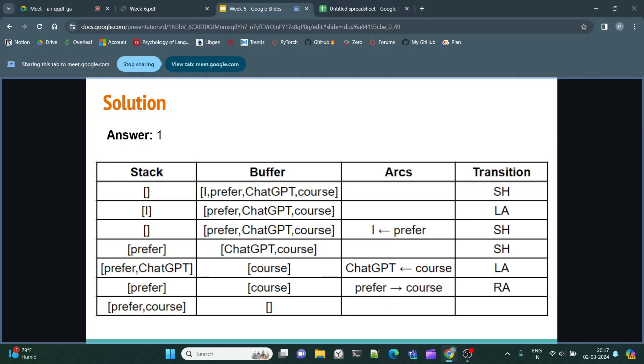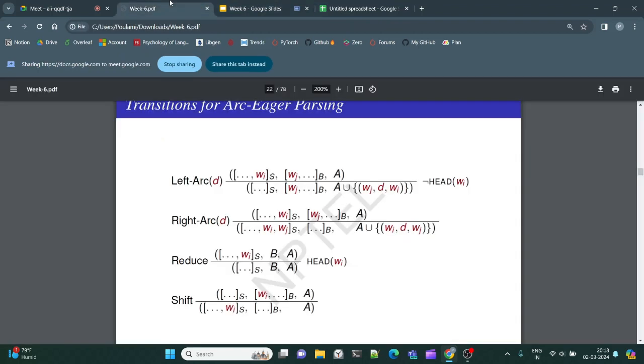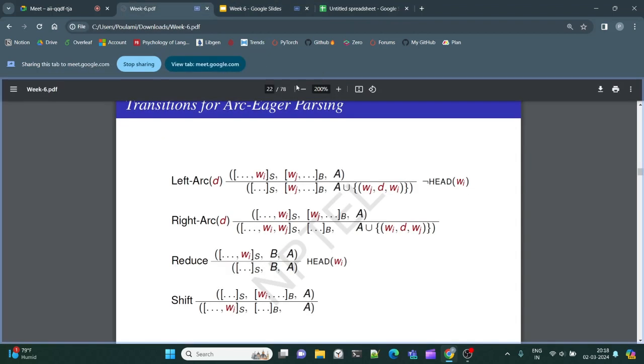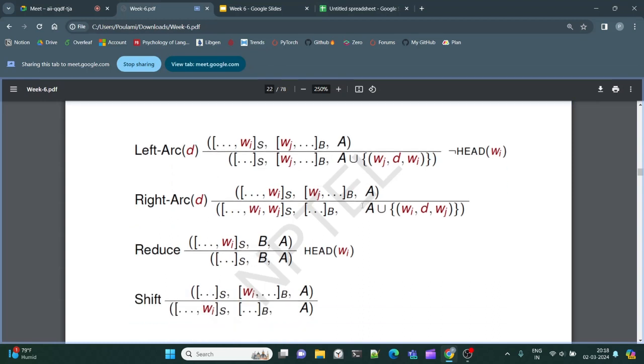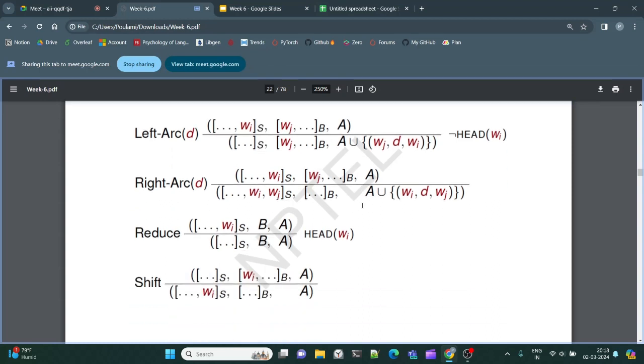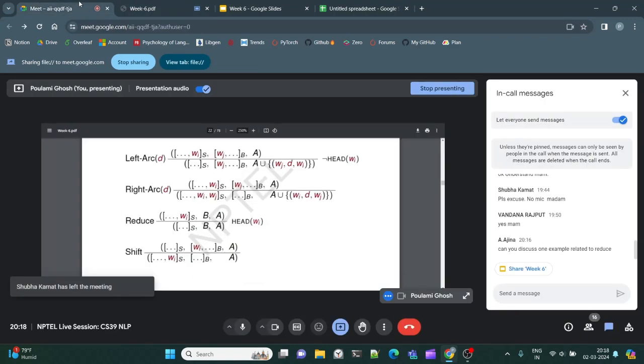But if you're trying to do transition based dependency parsing, you have to be very systematic about which transition you're taking, because each transition has certain criteria that govern each situation. Maybe if I discuss that once, it would make it clear. So let's discuss this once. I'm sharing the slides.